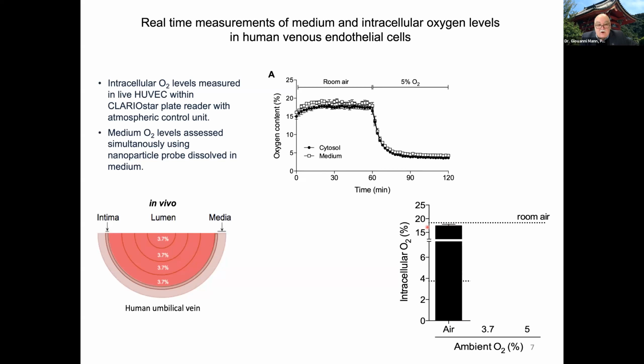Absolutely never. When we come and try to recapitulate this level measured in vivo, if we gas the workstation with 3.7% oxygen, note immediately that we have a lower oxygen concentration than that actually in the workstation or the level measured in vivo, 3.7. So we have hypoxia.